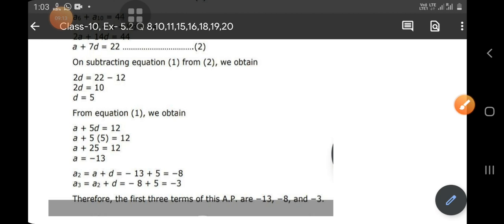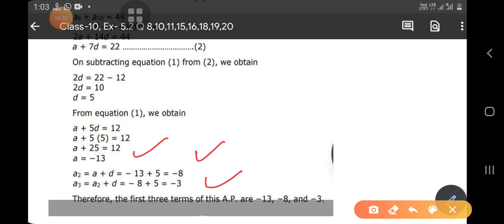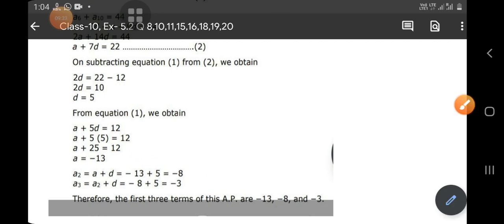Okay, so you got a1 that is minus 13, a2 that is minus 8, and a3 that is minus 3. You can use either this thing or use the formula a plus 2d. So we got the three terms, that is minus 13, minus 8 and minus 3. This is the answer. Thank you.